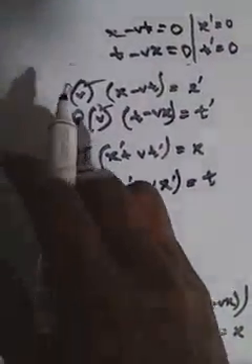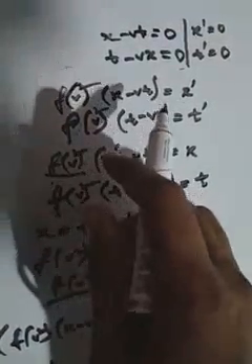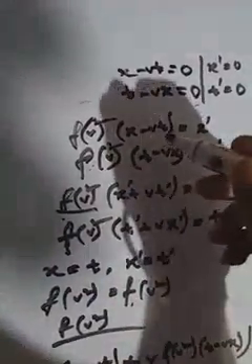First of all, we know that f(v²)(x − vt) is equal to x'. Then x' equals 1 by root over 1 − v² times (x − vt). This is the first transformation, and y' is equal to y.